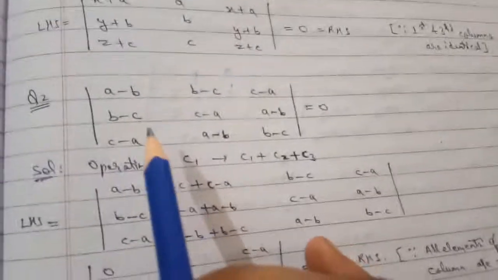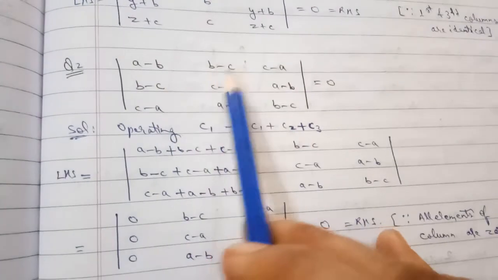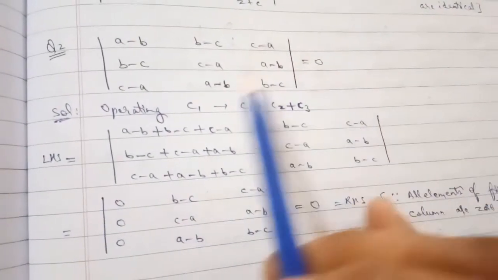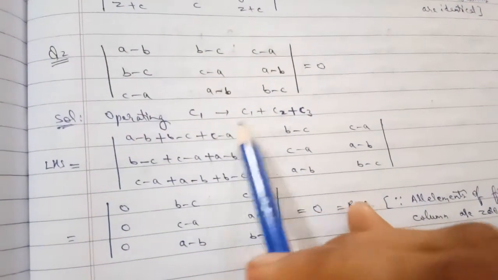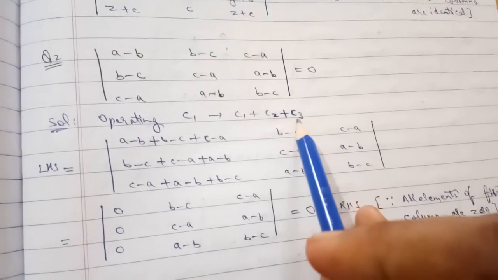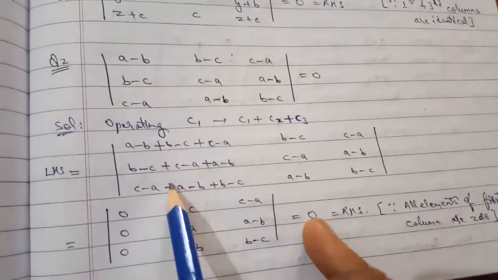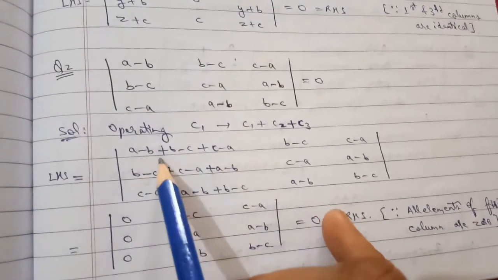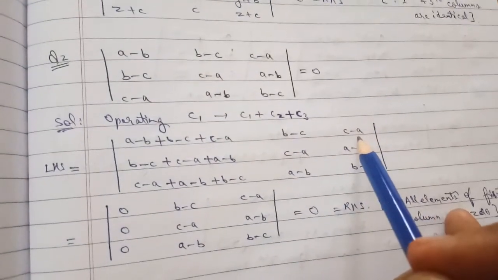Similarly, I will explain question number 2 also. They have given A minus B, B minus C, C minus A and so on. We have to prove its value is 0. We operate C1, that is column 1, as column 1 plus column 2 plus column 3. If we add all these three columns together in column 1, we get A minus B plus B minus C plus C minus A. Column 2 and column 3 remain unchanged.